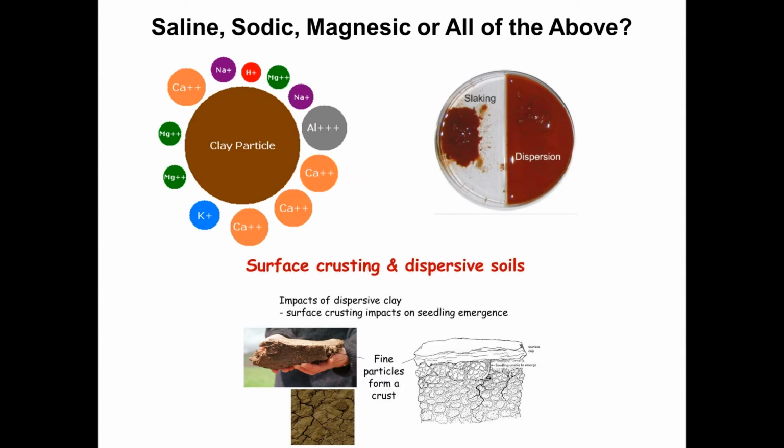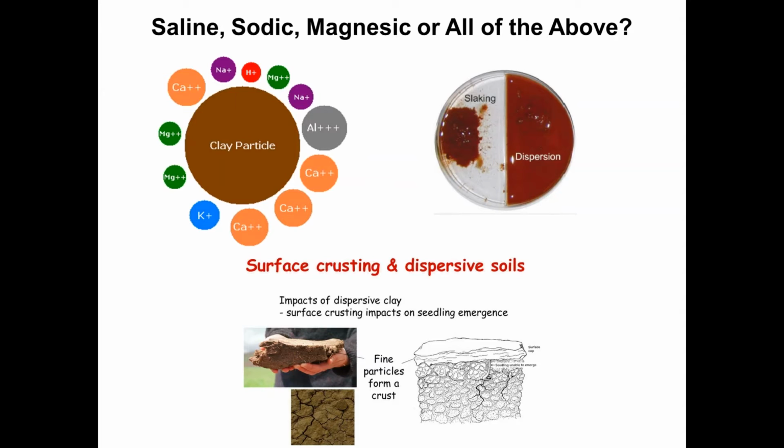If you look at these different circles here, calcium, sodium, potassium, magnesium, you will see there are different sizes of these circles. That means the larger elements, for example calcium, which is a divalent cation, compared to sodium, which is monovalent. If this distribution is in favor of one or two of these elements instead of having an even distribution, your chemistry of the soil is going to be affected by that.